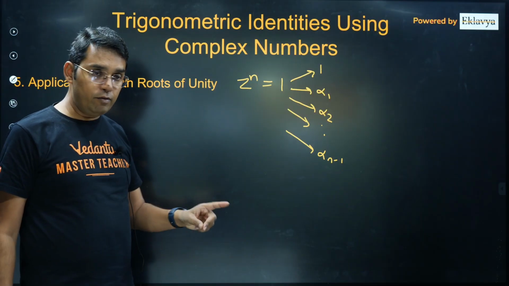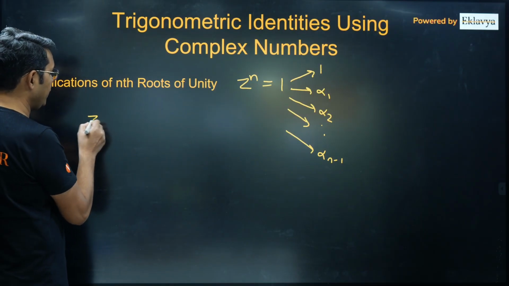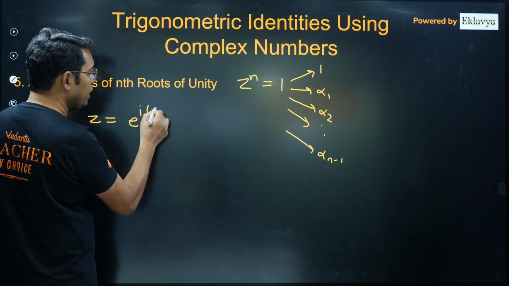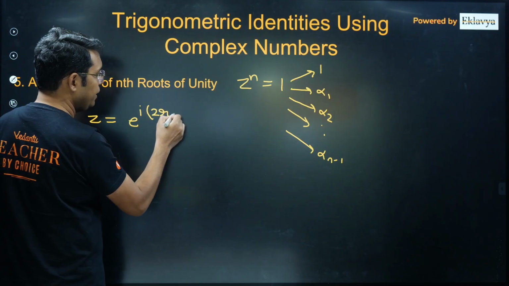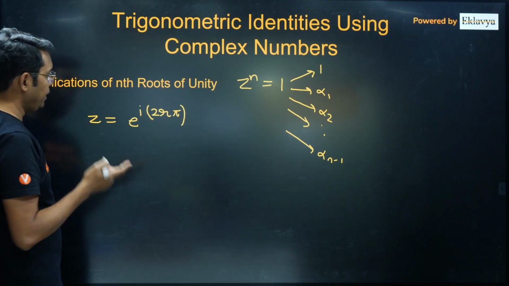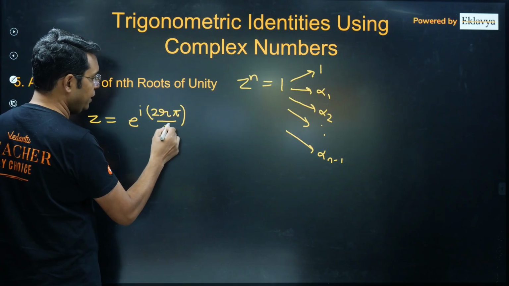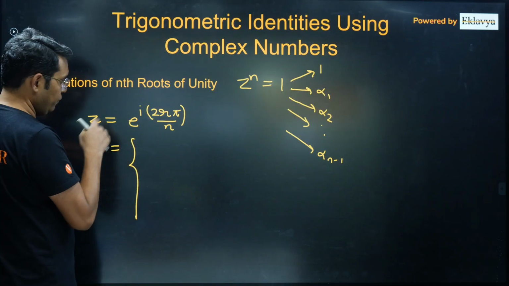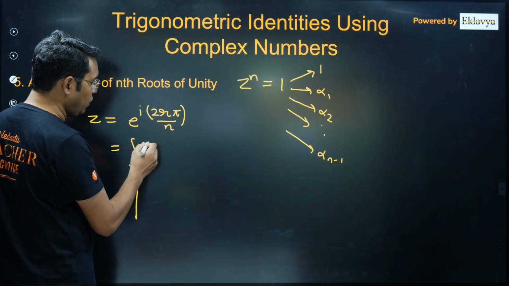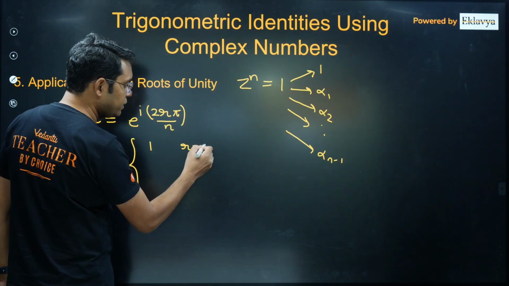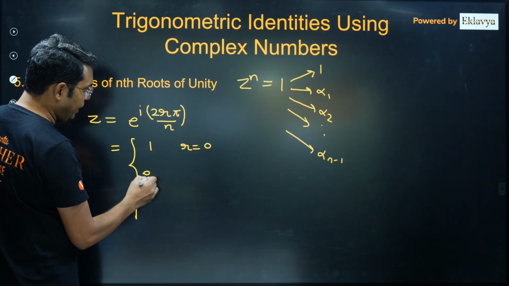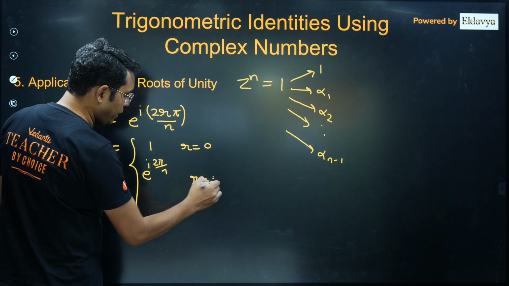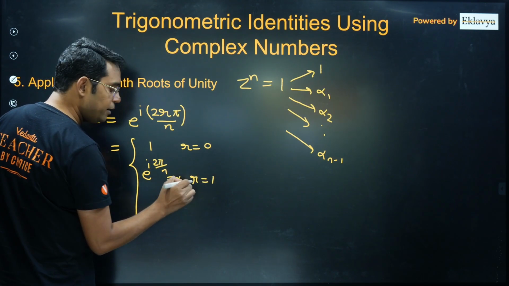Now using de Moivre theorem, we can say this 1 is actually e power iota 2r pi. In general r pi we can write, and this n will come here. So you can see this z will be equal to, if you take r as 0, it will be 1. If you take r is equal to 1, it will be e power iota 2 pi by n, which I am calling as alpha 1.